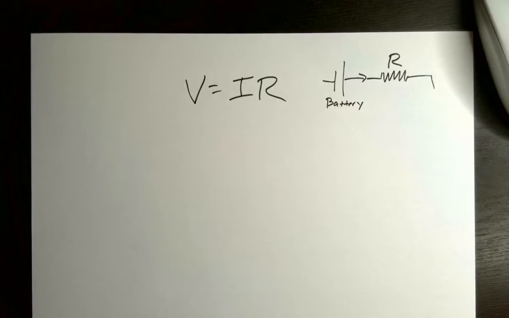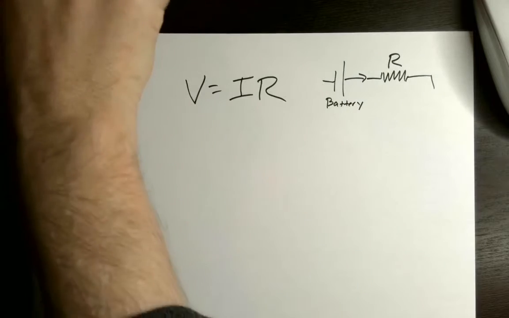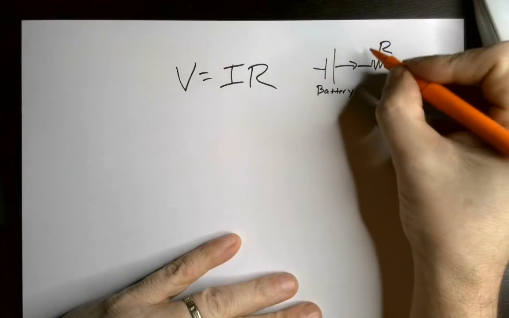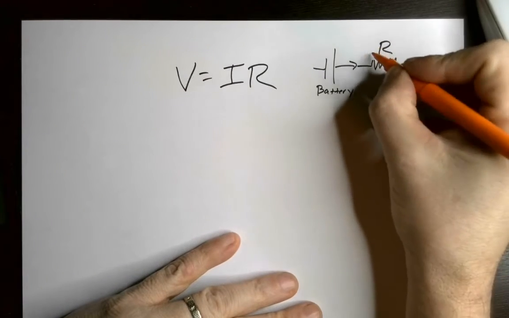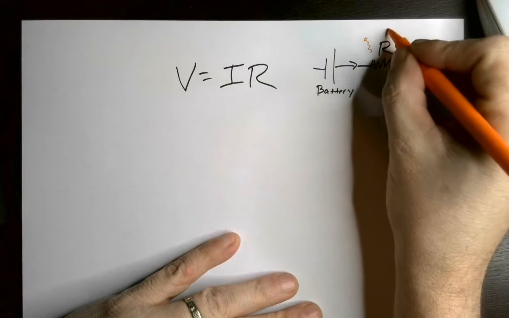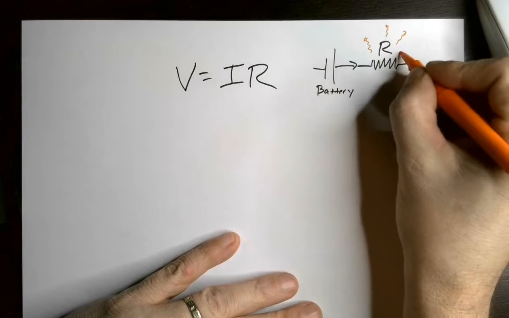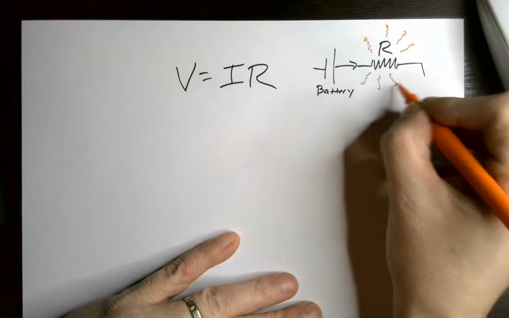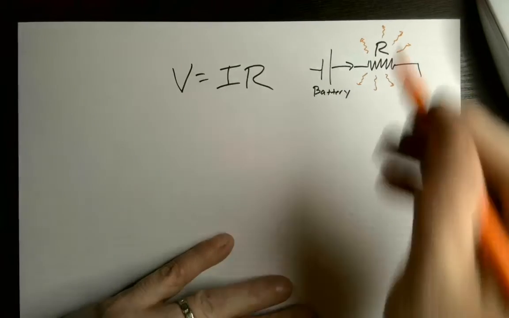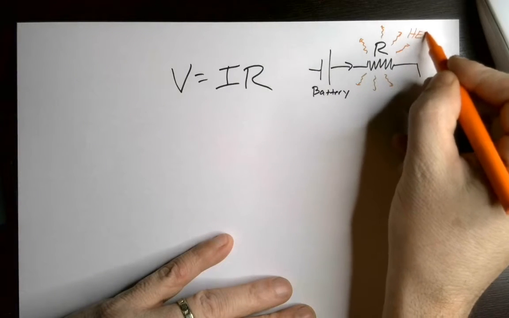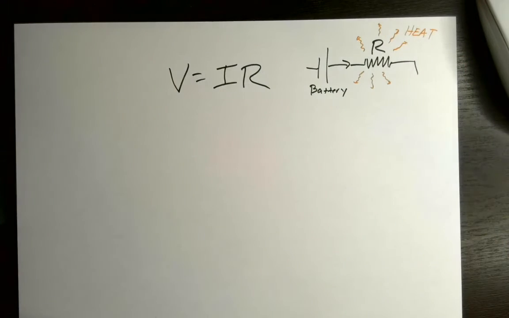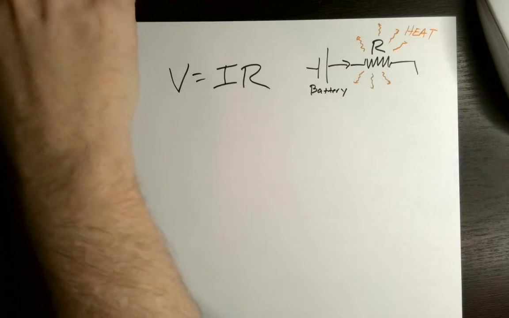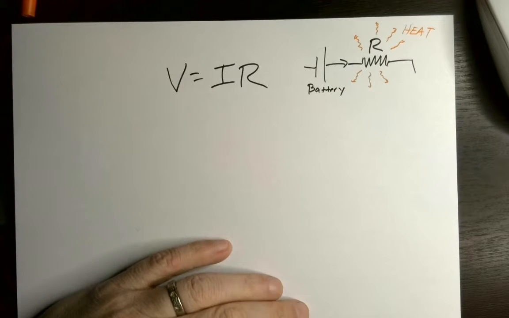And we talked about what happens in a resistor: those electrons are banging their way through that metal, and on the microscopic level, they are delivering some kinetic energy to the atoms that make up that metal, and some of the energy of those electrons is actually going into heat. In something like a stove or an iron or an incandescent light bulb, that's intentional.